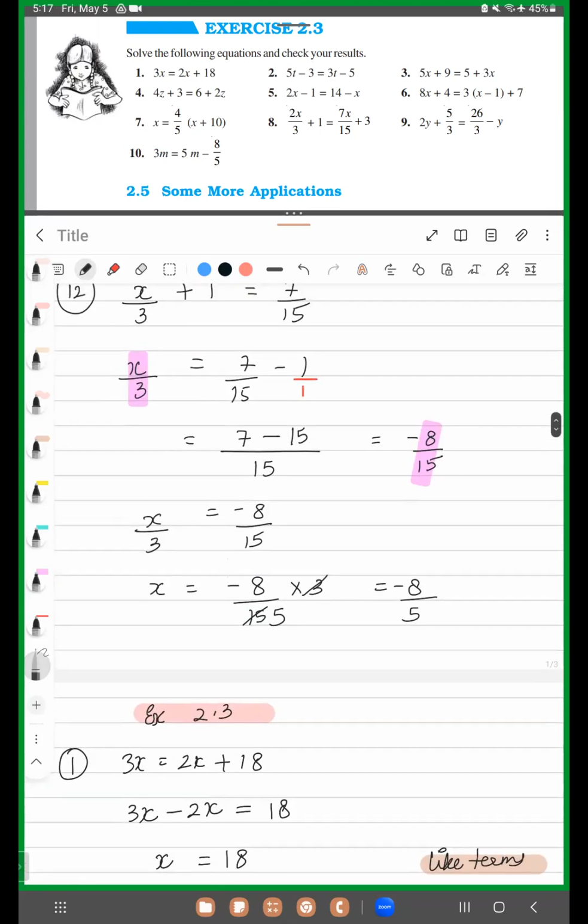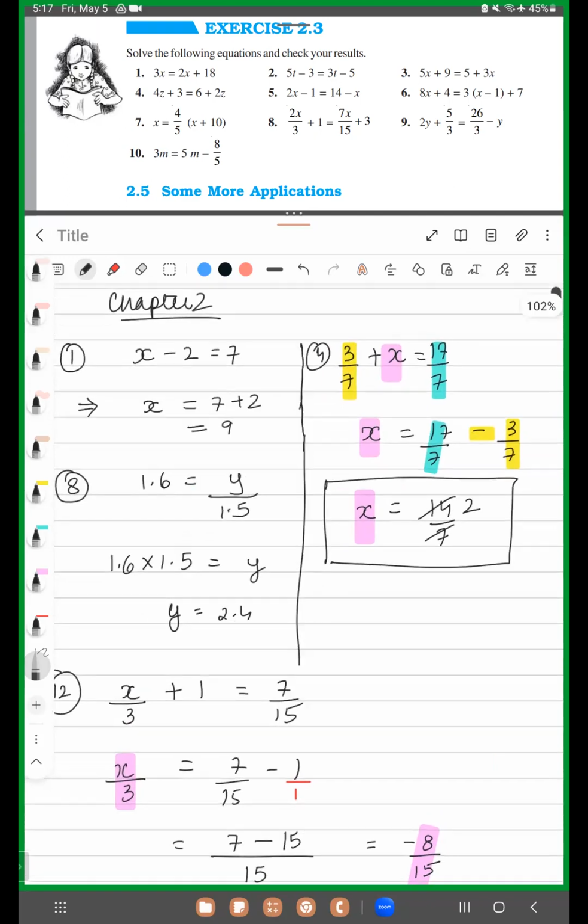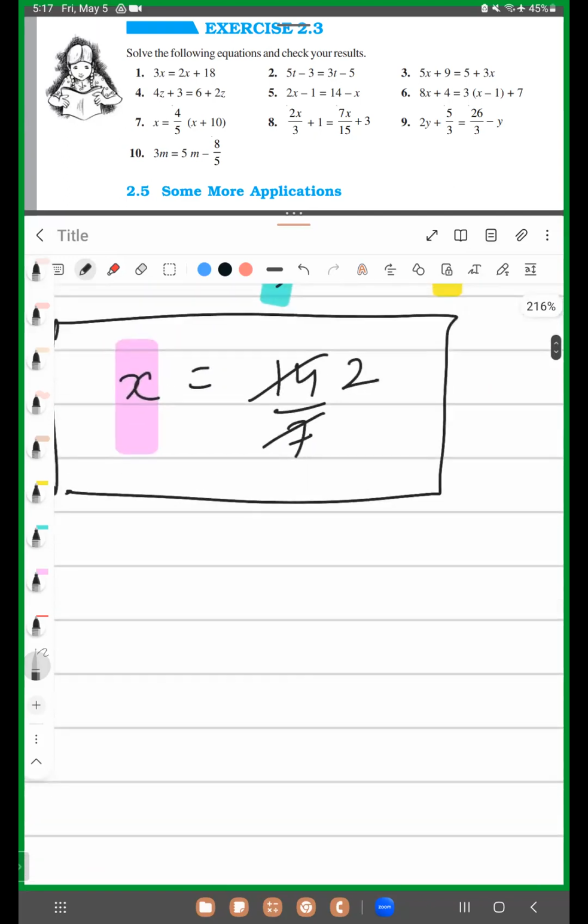But why did you say before bringing? Because when you take it to the other side, it will become a larger number, which becomes more difficult to simplify. अगर आप after bringing करेंगे, no problem, but it's just a little bit more difficult. ठीक है?